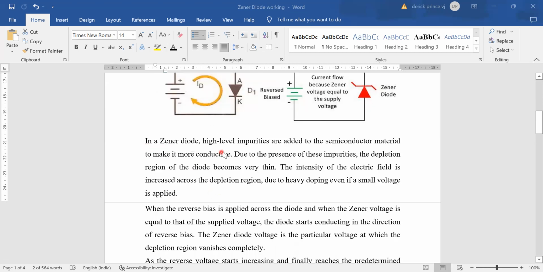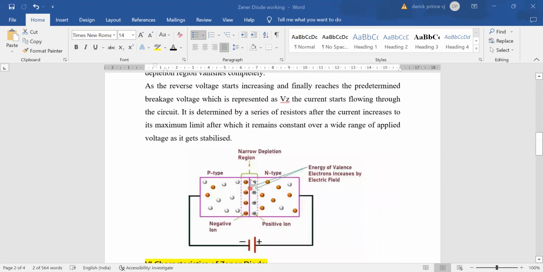In a Zener diode, high level impurities are added to the semiconductor material to make it more conductive. Due to the presence of these impurities, the depletion region of the diode becomes very thin. So in this diagram, you can see the depletion region is very narrow and the electric field intensity is very high, right? So now it is reverse biased.